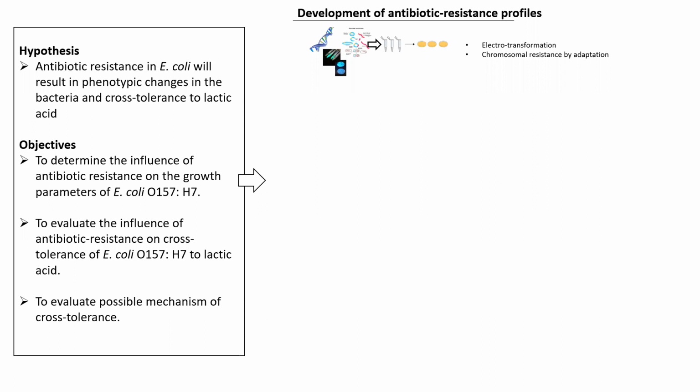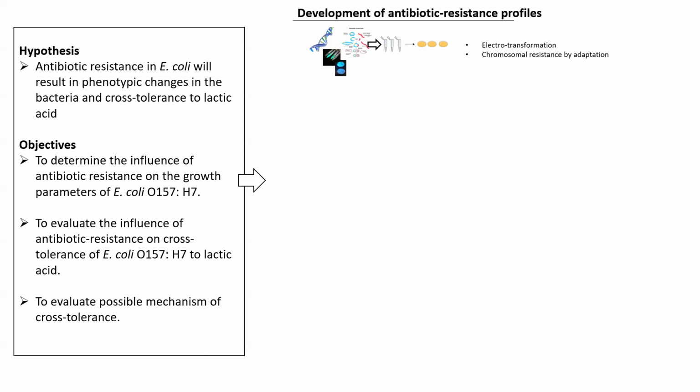GFPs are green fluorescent proteins, and at certain wavelengths you can see fluorescence. But this particular plasmid also had a specific locus that conferred resistance to ampicillin. So we not only had resistance to ampicillin in the bacteria, but we could also see the strains that were resistant through the fluorescence under UV light.